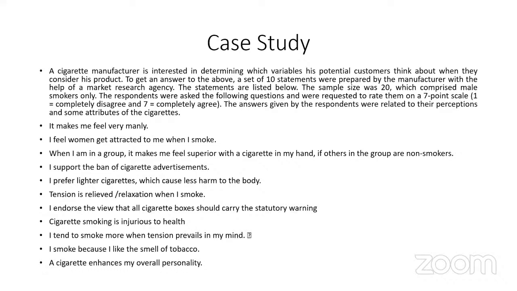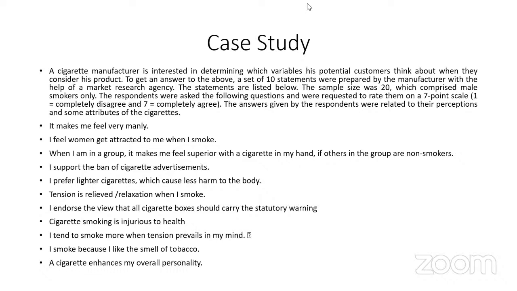Okay. What the case is: a cigarette manufacturer, writer Nargundkar, I am writing in the chat box, Nargundkar. A cigarette manufacturer is interested in determining which variables his potential customers think about when they consider his product.